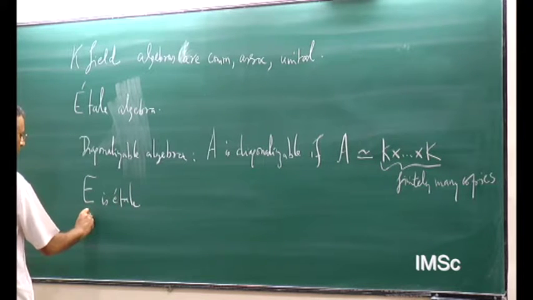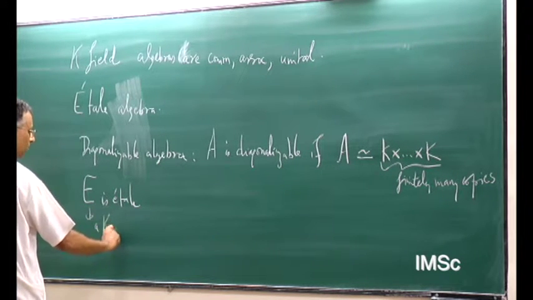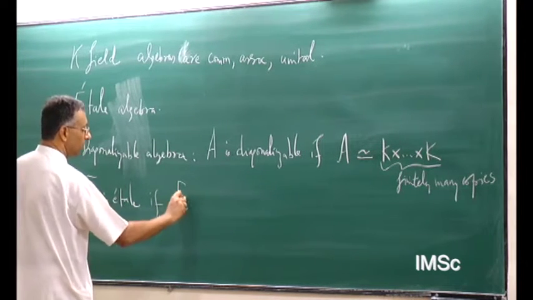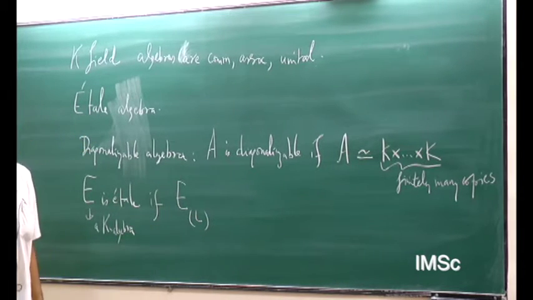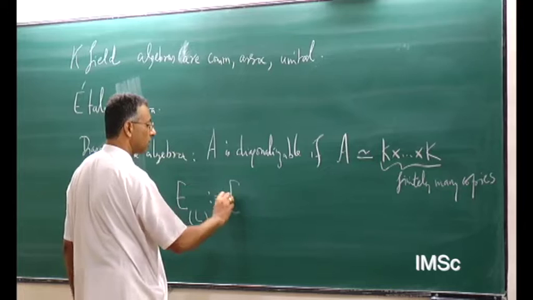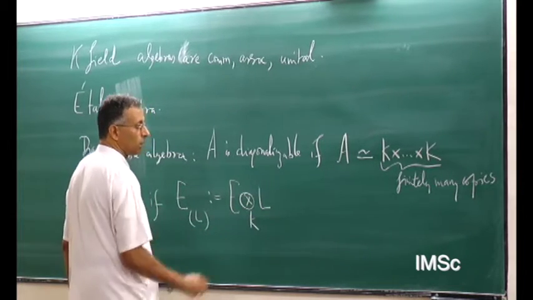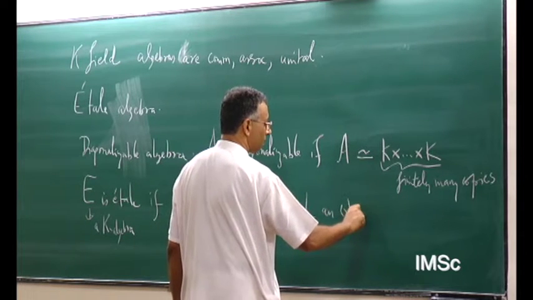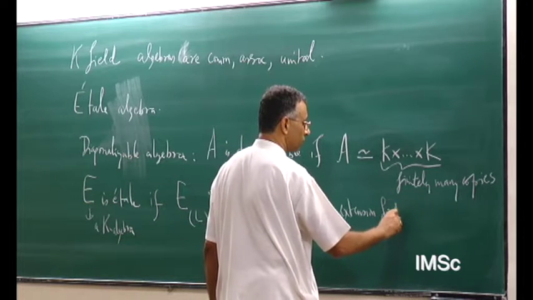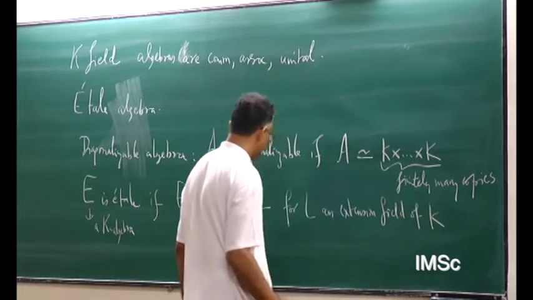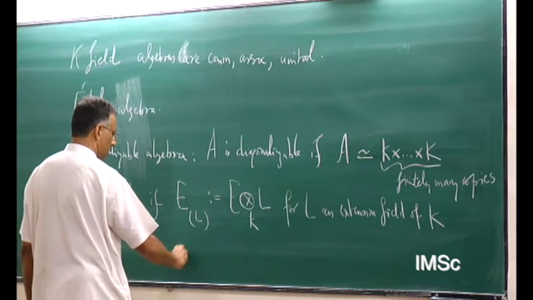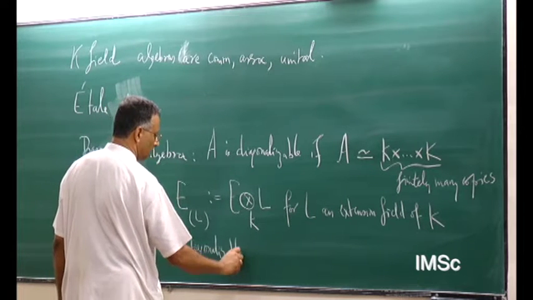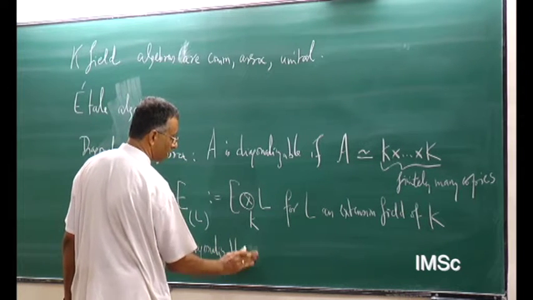So E is an algebra. If E, by that we mean for K, for L an extension field of K, is diagonalizable over L as an L algebra.